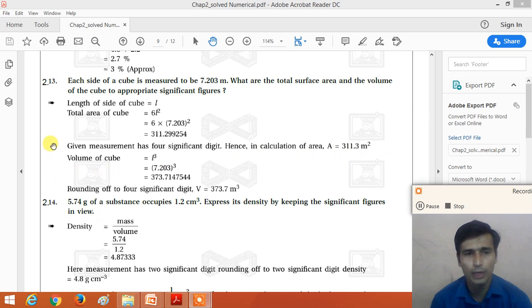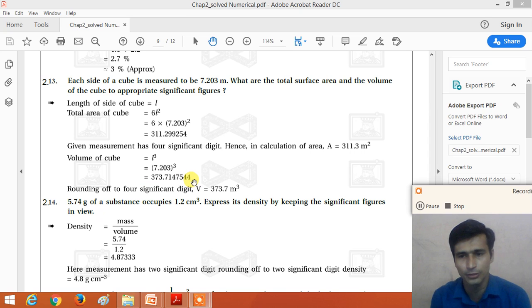And the volume of the cube is L cube, so 7.203 cube. If you calculate this 7.203 cube, we get the answer 373.7147544. So if you round up this value up to 4 significant figures, how do we round up the value?